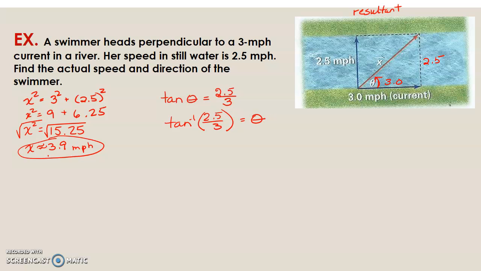So, clear, arctangent of 2.5 divided by 3, and it gives me 39.8, roughly. 39.8, which, if you go with the degree, we got 39.8 rounding off, which is right at 40 degrees, which they usually ask you to do.